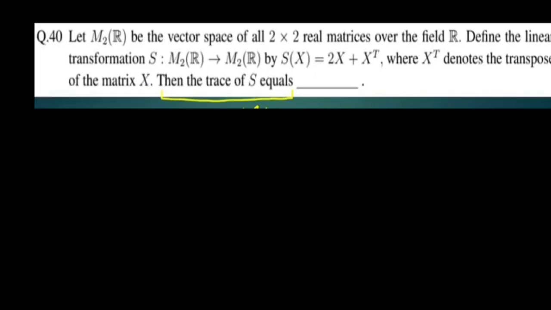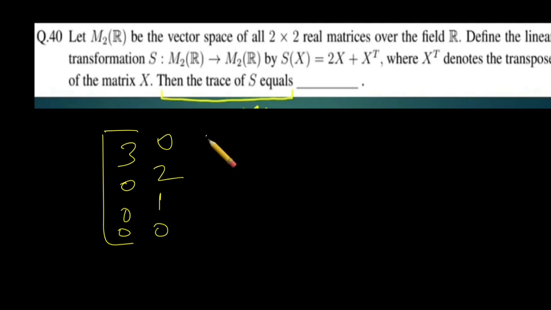Now we conclude that the matrix representation is formed by these coordinates as columns. The matrix is 3 0 0 0, 0 2 1 0, 0 1 2 0, and 0 0 0 3.